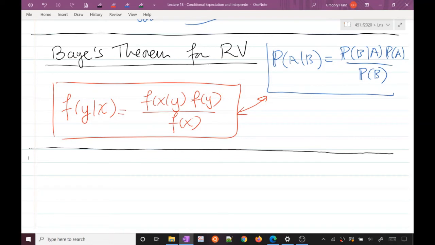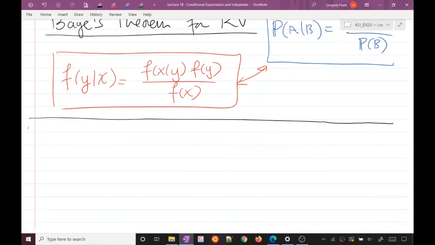Another theorem that we had for events that we can also have for random variables is the law of total probability.